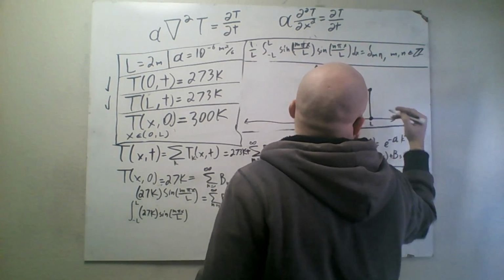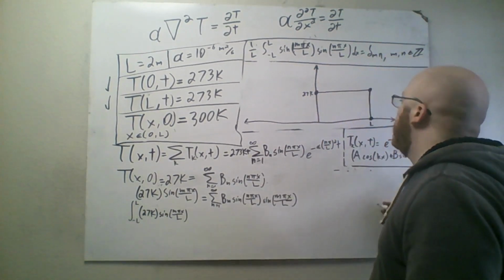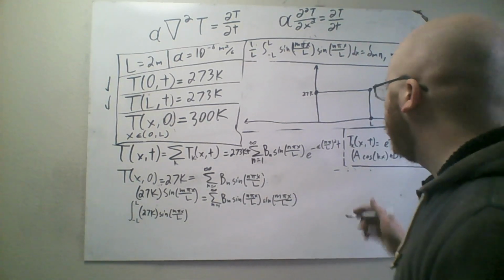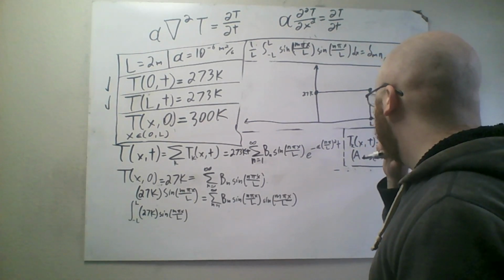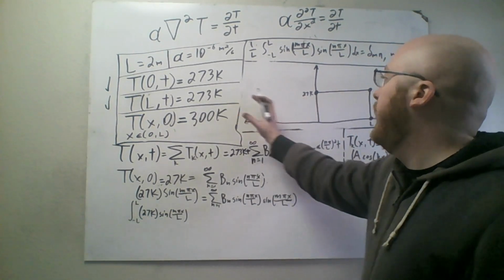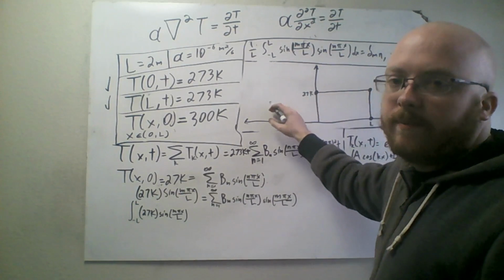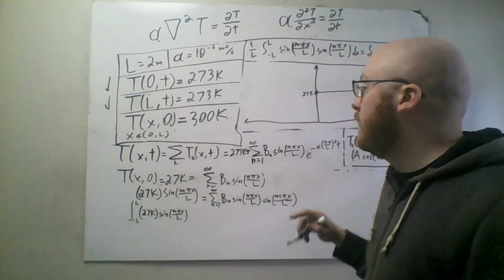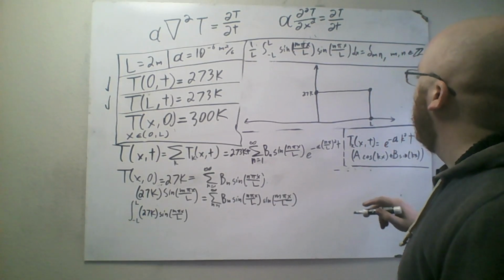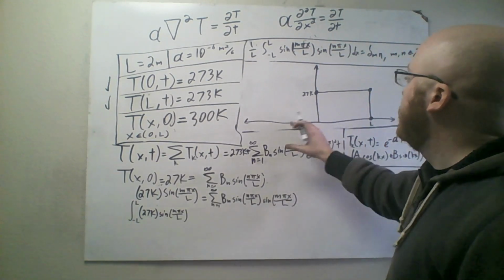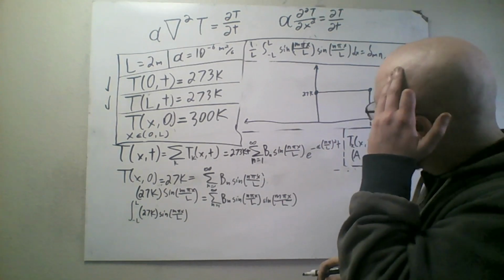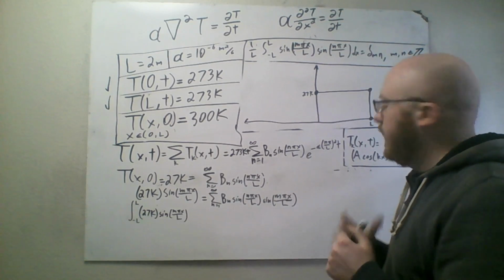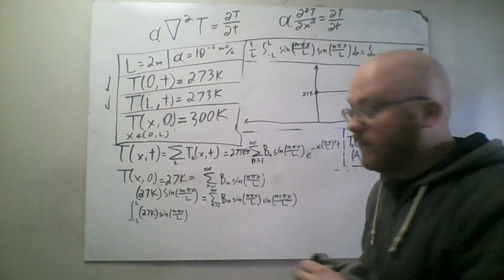Bam, drops down at L, or 2 meters, right? So now, what could we really do with this to make it work? In this case, we don't really care what goes on outside of this region, right? We only care about what's in this region. So we can make this do whatever we wanted. But we need something over here. In this case, I'm going to draw this one again because I keep adding stuff, but it keeps changing, and it's annoying.